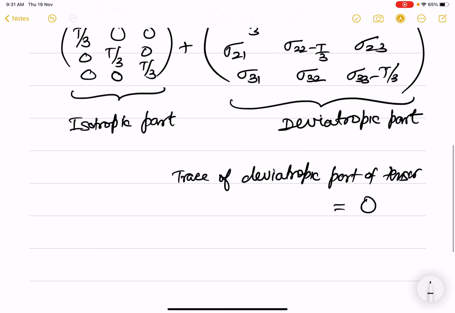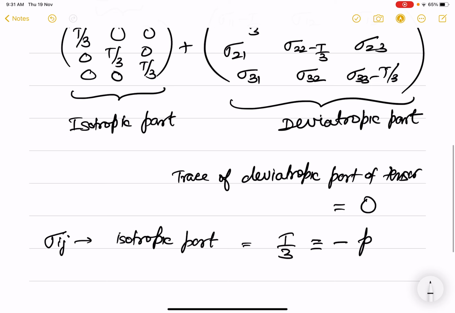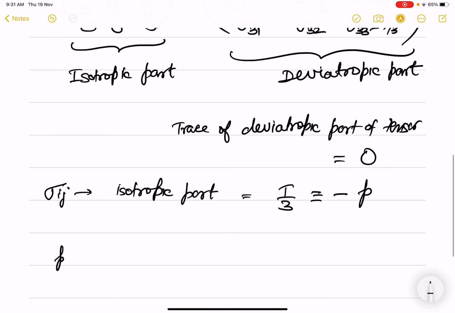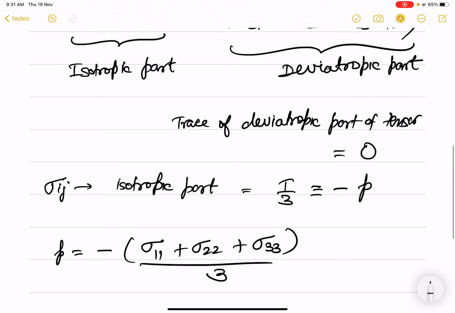Now, in sigma ij, the isotropic part, which was equal to T by 3, we defined as minus of pressure. That means pressure was defined as minus of sigma 11 plus sigma 22 plus sigma 33, divided by 3.